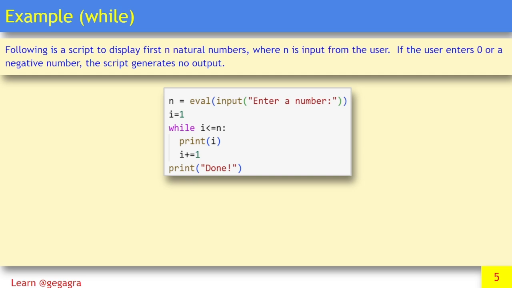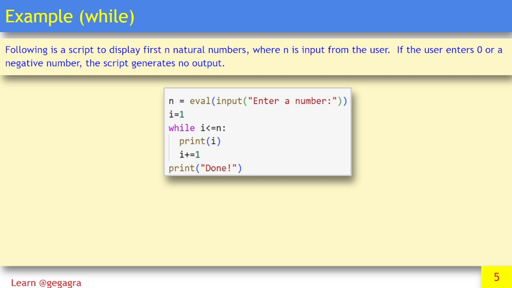And in the next statement, when while is encountered, there i is checked with the value I have entered. The value of n was 5, so the value of i will be checked or compared with 5, and if it is less than or equal to 5, then it will print the value of i, then i plus equals 1, so that here I am going to increase the value of i by 1.